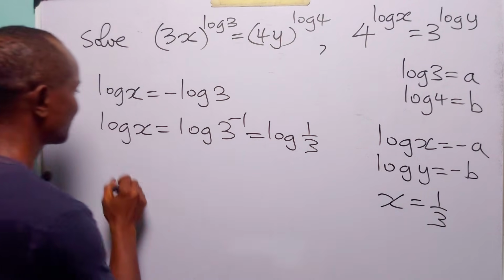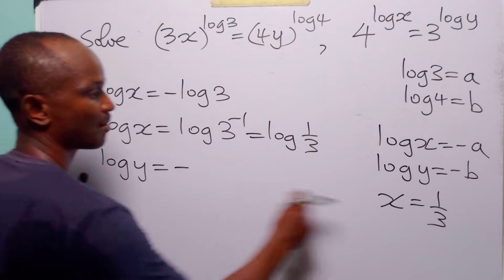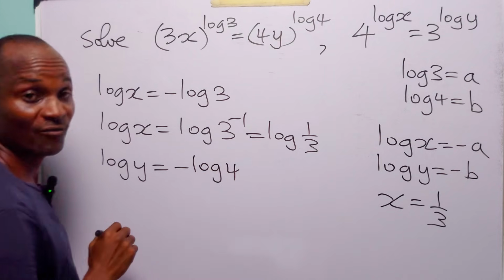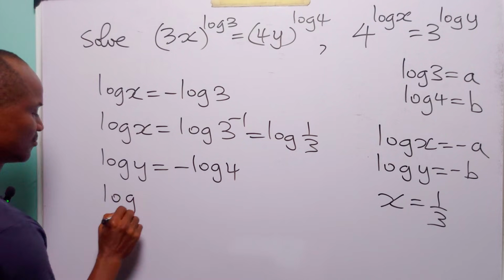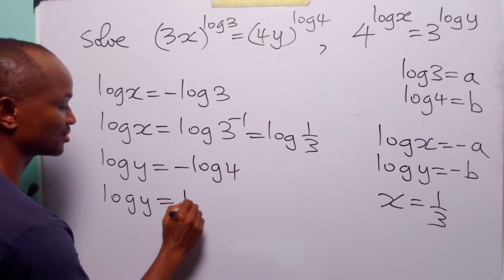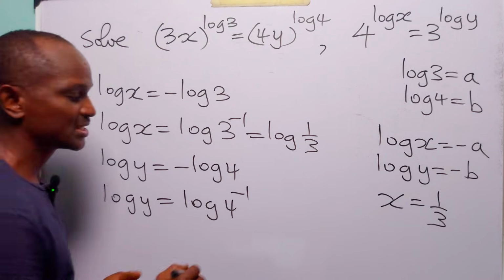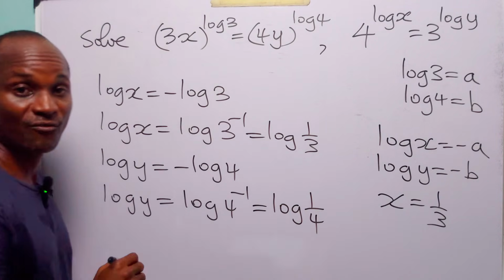In the same way, we have that log y is equal to minus log 4. Applying the power rule to this, we have that log y is equal to log 4 to the power minus 1, which is the same thing as log 1 over 4.